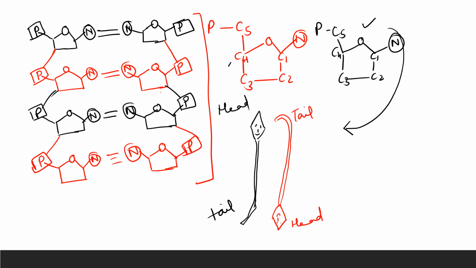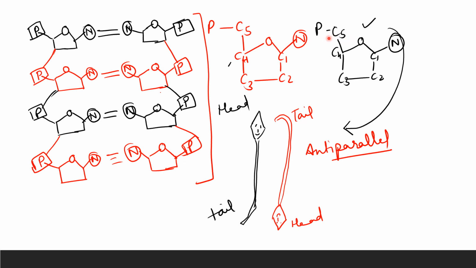So now we understand that the DNA chain is anti-parallel, right? When it is anti-parallel, now you understand, the nitrogen base of the second chain will come in front of the nitrogen base of the first chain, right?